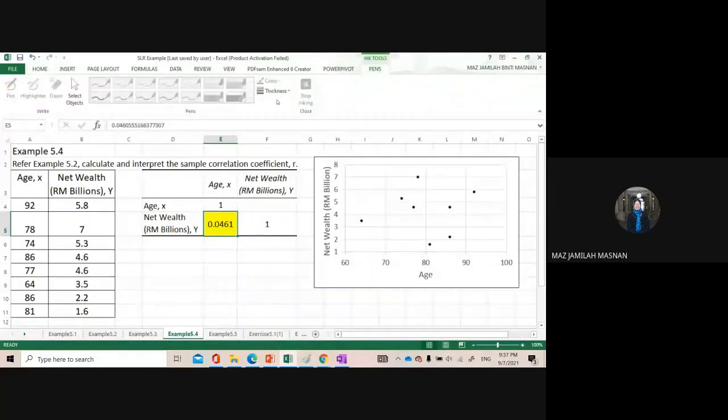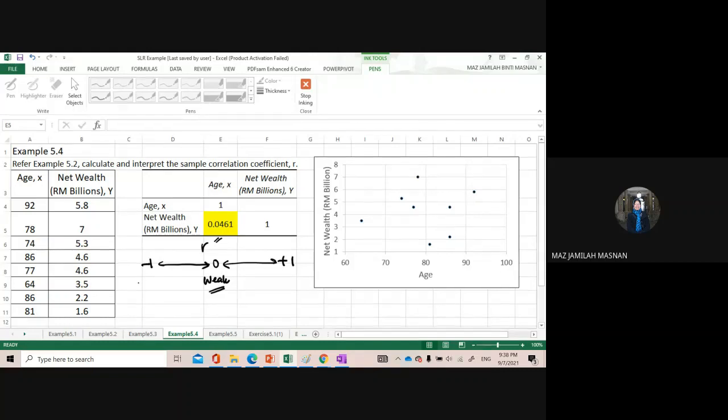If you look at this particular value, it is very small. We know that if we have a range from -1 to +1, in the middle is 0. So that would be the range of our R. Now our R is equal to 0.0461, which is near 0. So we know that this value shows a weak relationship between the two variables.